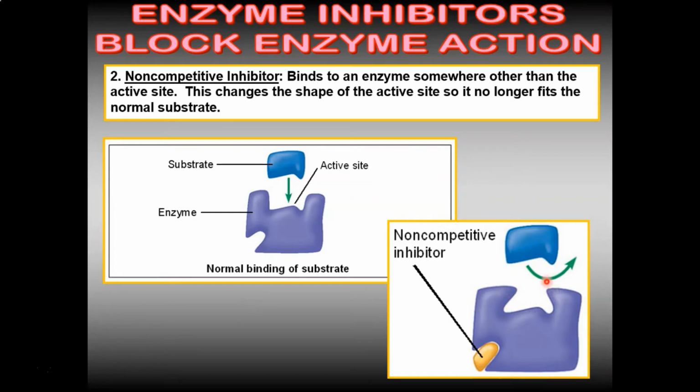And it doesn't necessarily mean this is a bad thing. This is something you'll learn about if you go on to AP Bio, or if you take some more bio in college or Bio 2 honors. You can get into how this turns on and off. Sometimes it's a good thing. It's like a switch. But anyway, the enzyme doesn't work here. Okay, and that's all because you're not competing for the active site this time. You're binding somewhere other than the active site, but it still changed the active site.